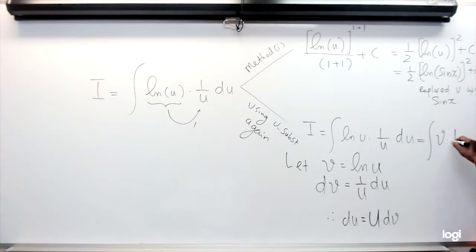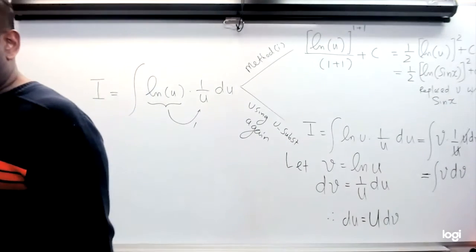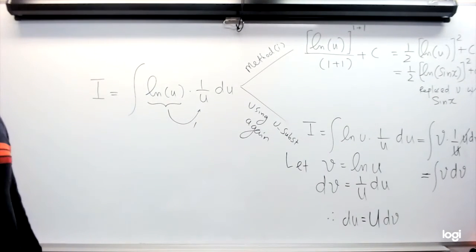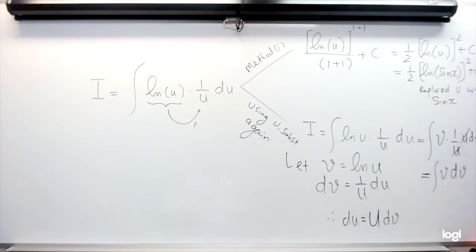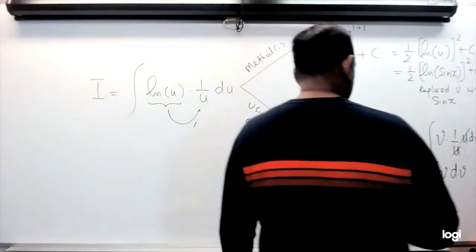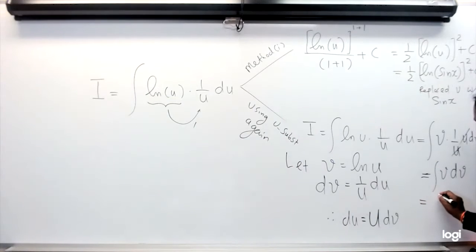See? 1 over u times du means u dv. U dv, so they get cancelled off. You're going to end up with v dv. If you integrate, you get v squared over 2 plus c. See, very easy.